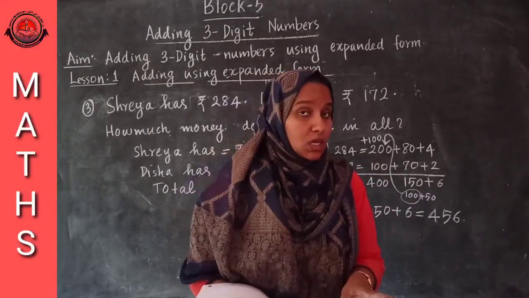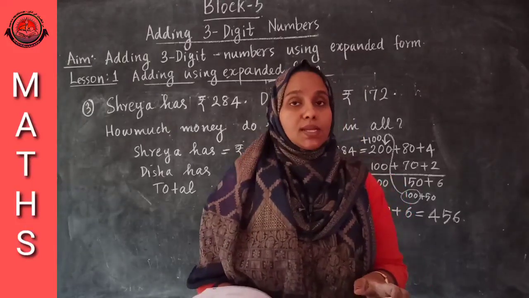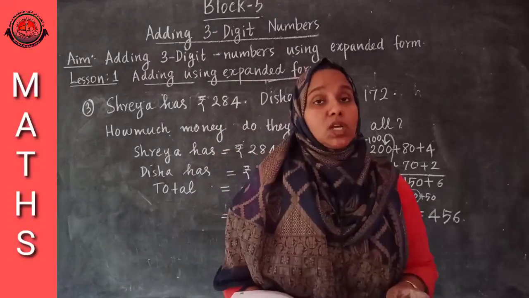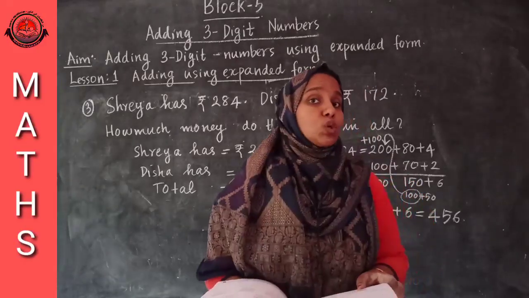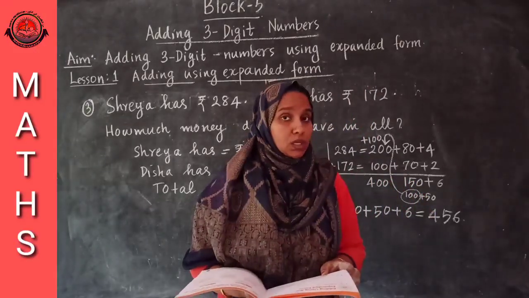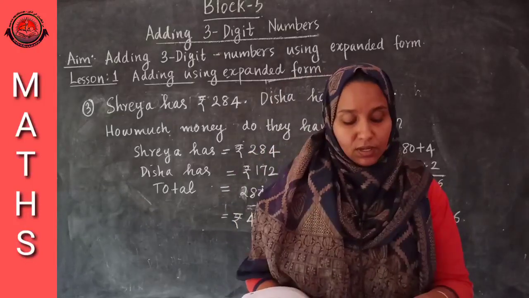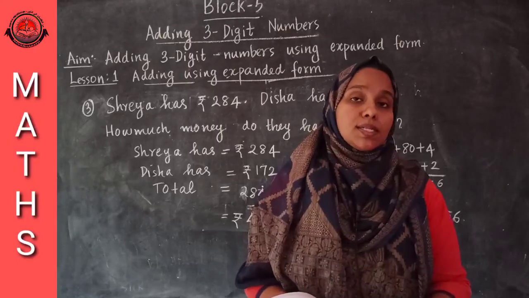It is 8. So is there any regrouping comes? No. 8 remains as 8 itself. Then next is 60 plus 30. That's equal to 90. So is there any regrouping comes? No. So 90 remains as 90, and then you have to add the hundreds and write it in your standard form.